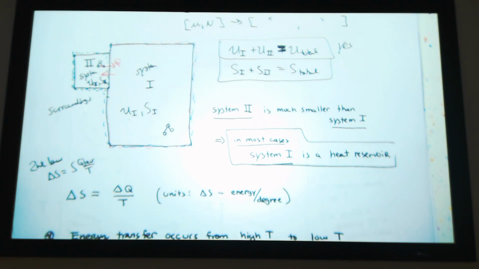So we have to define a reservoir, whether it's a mass reservoir. So if I go to the treasury and take a penny out of the treasury, does the treasury lose mass? Yes, technically, but does it really notice it? No, because it's such a small amount of mass.